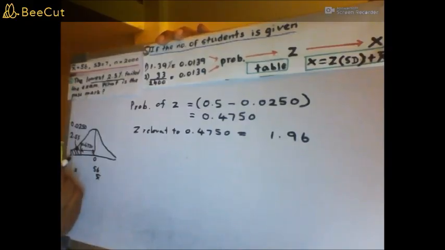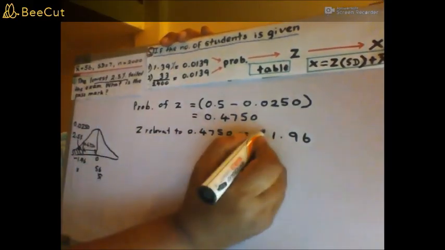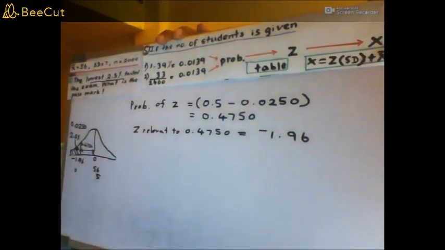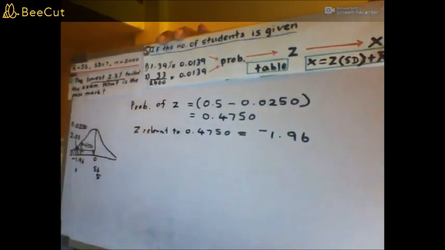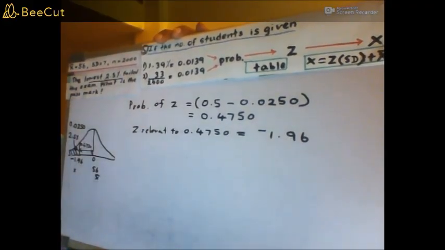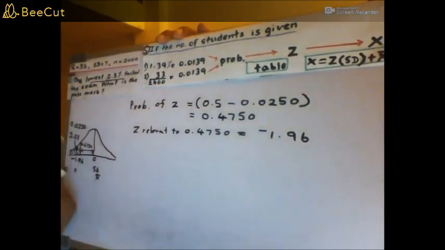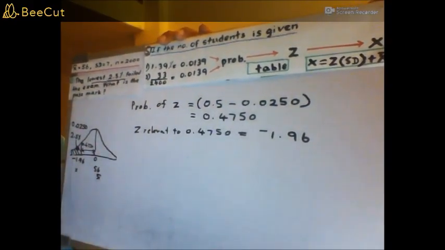That's why we draw all these curves. So it is minus 1.96. Right. Put minus here. You have to remember this. It's a common mistake that many students make. That's why I ask you to put all the values here, whatever you find. Then you know this is minus 1.96.